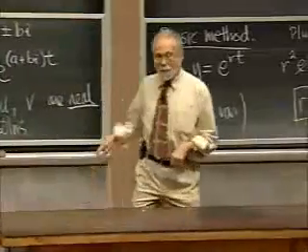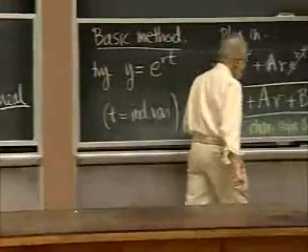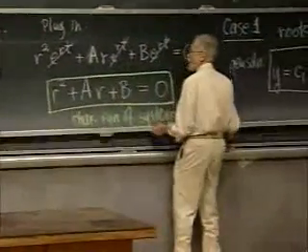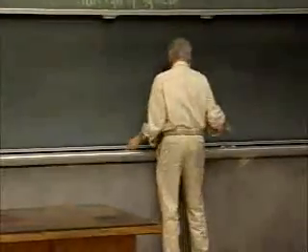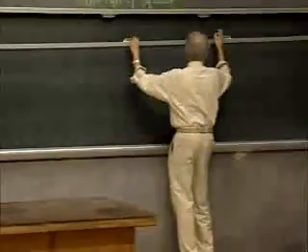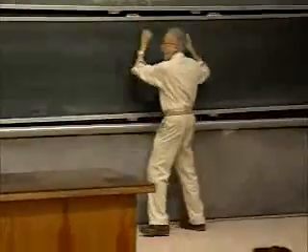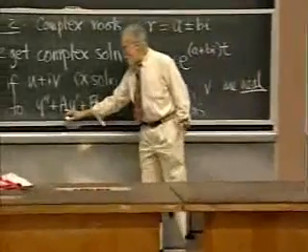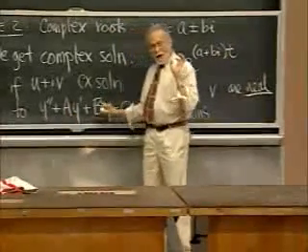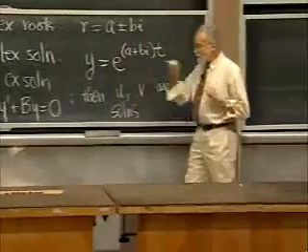Now, that might seem like magic, but in fact, it's easy. It's the sort of theorem I can spend 1 minute proving for you now. What's the reason for it? Well, the main thing I want you to get out of this argument is to see that it absolutely depends upon these coefficients being real. You have to have a real differential equation for this to be true.